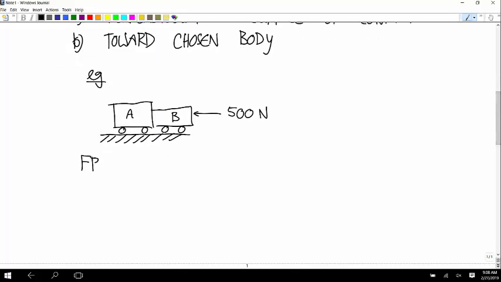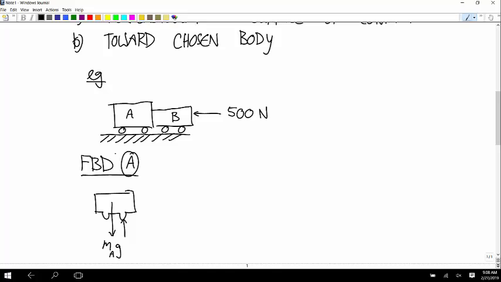The free body diagram of A: there's a weight force, I'll call that MAG. Since these are particles, we don't have to worry about where these forces are applied. We treat everything like it happens at the center of mass. But there's a pushing contact up from the ground.